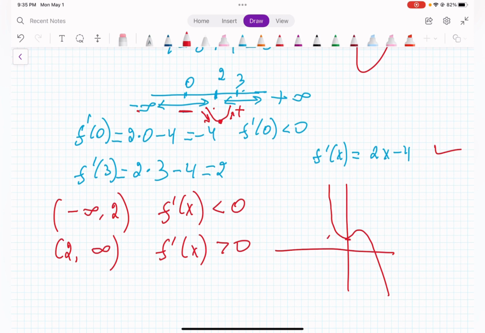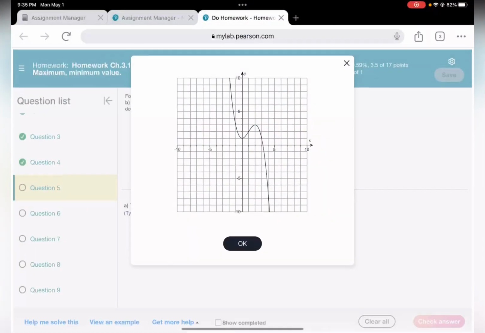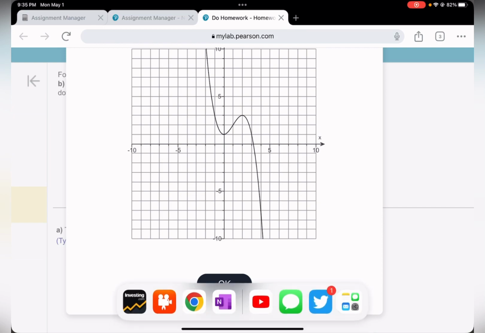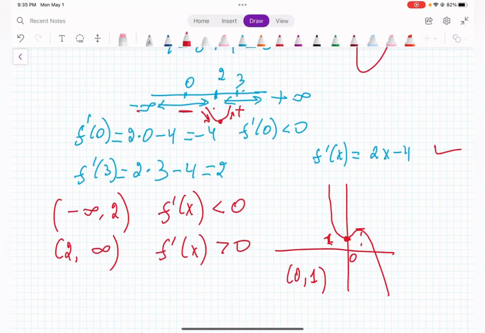If this is 1, this point is going to be our minimum, 0 and 1, correct? Relative minimum. Okay, and at this point it's going to be a relative maximum. Let's see how much it is. It's going to be at the point x equal 2 and y equal 3. Let me show you here. So this is 2 and this point is 3. At the point 2 and 3, we are going to have a relative maximum.